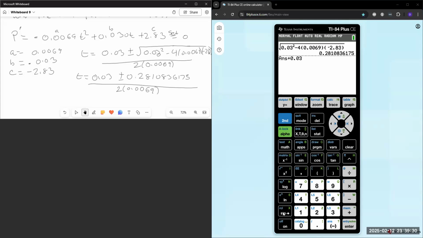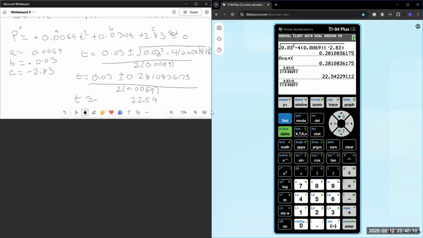Let's call this answer here X. We have 0.03 plus X over 2 times 0.0069. We have t is 22.54.